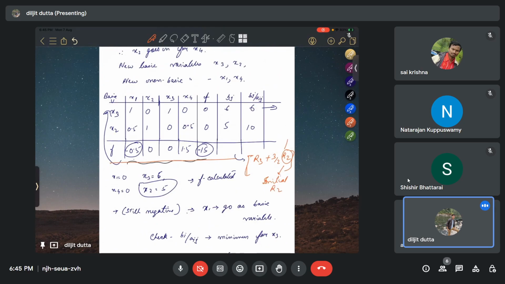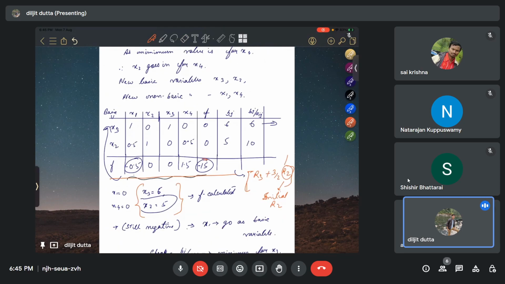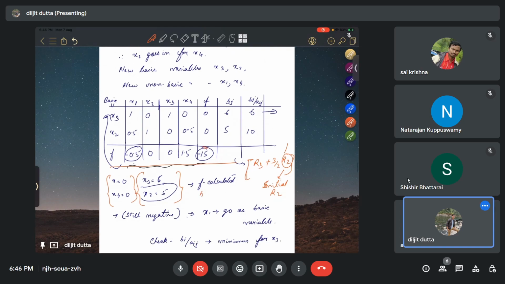And how do we get the value of the objective function? In this case, we said that x2 and x3 are the basic variables, but x1 and x4 are the non-basic variables. So f is already a function of f equal to -2x1 minus 3x2. x1 is already equal to 0. So f is equal to minus 3 into x2, and the x2 value we got as 5.